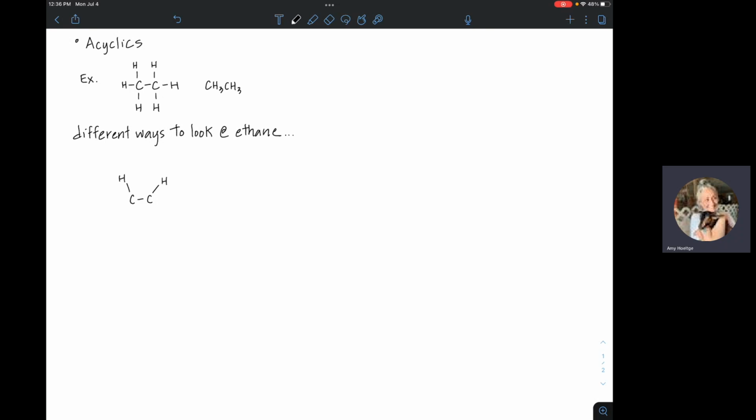We have another hydrogen that would be behind the carbon going away from us. So that'll be our dash. And then we have another hydrogen that's going to be coming out of the paper at us. And we're going to indicate that with a little wedge. Sometimes we color these in. You don't have to. But this is our dash wedge model.